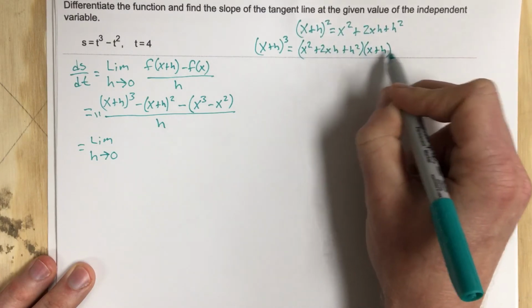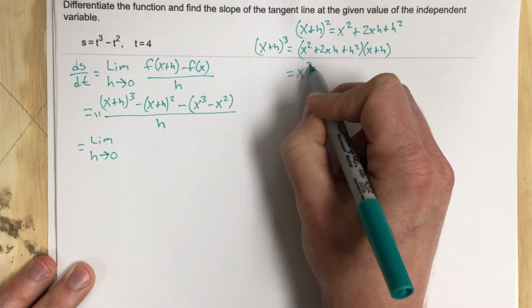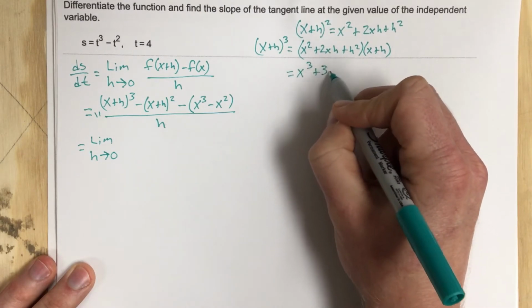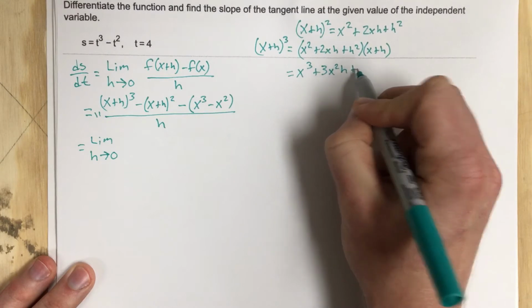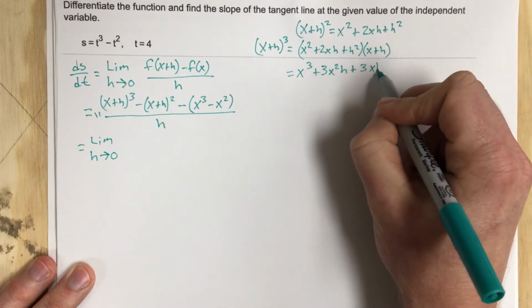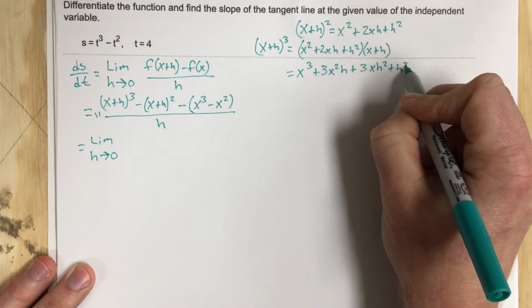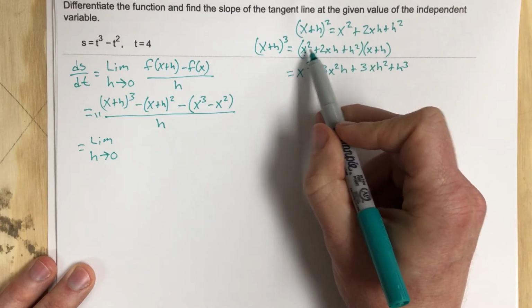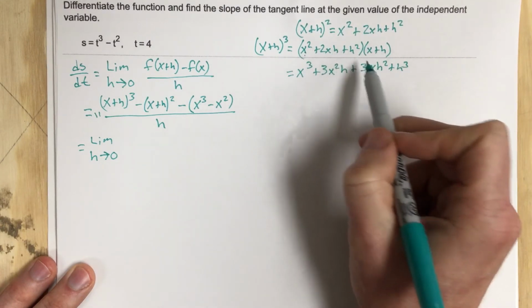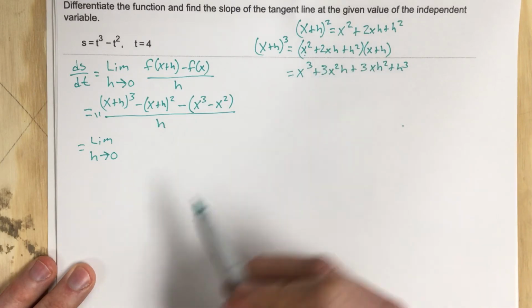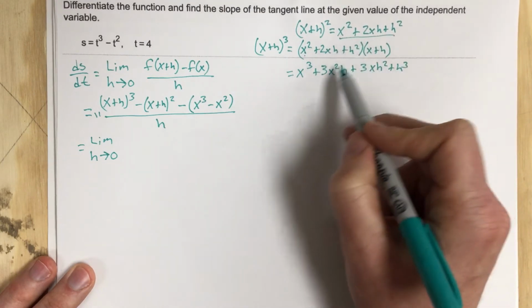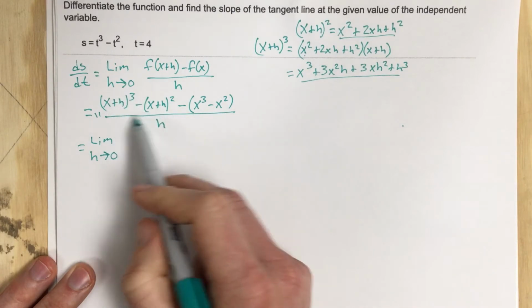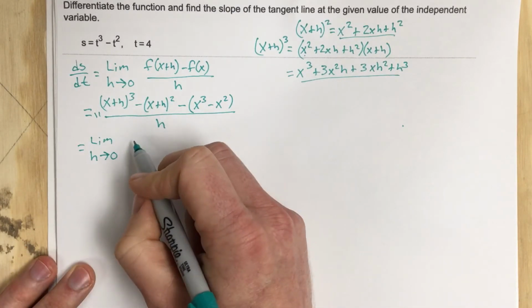So when we distribute that out, we end up with x cubed plus 3x squared h plus 3xh squared plus h cubed. And if you FOIL that out or multiply each term times these two, you end up with 6 terms that simplify to 4. So we can use this and this and plug those in.